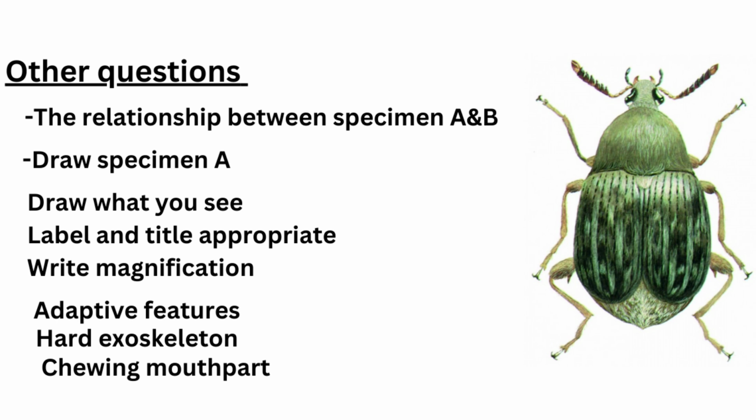All right, so another question that can come out is draw specimen A. They can ask you to draw the specimen. Now, this is very important. I often tell my students, draw what you see, don't draw what you have in your head. Now, don't look at this diagram on this video now and imagine that that's what it should look like. No, draw what you have on your table.